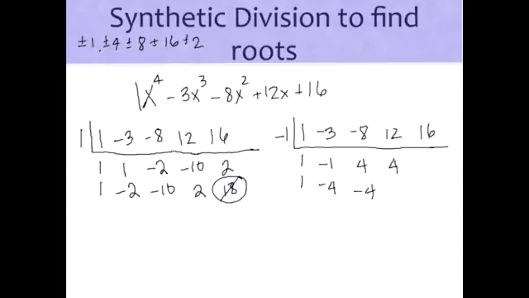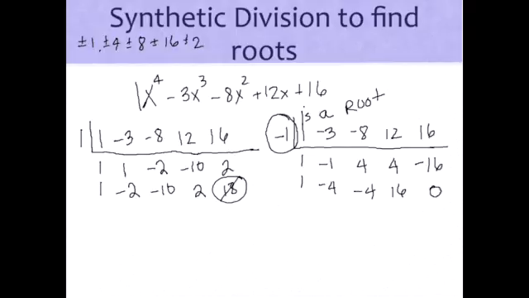Negative 1 times negative 4 is positive 4. Add down. Negative 1 times 16 is negative 16. Add down. Hooray! That means that negative 1 is a root.